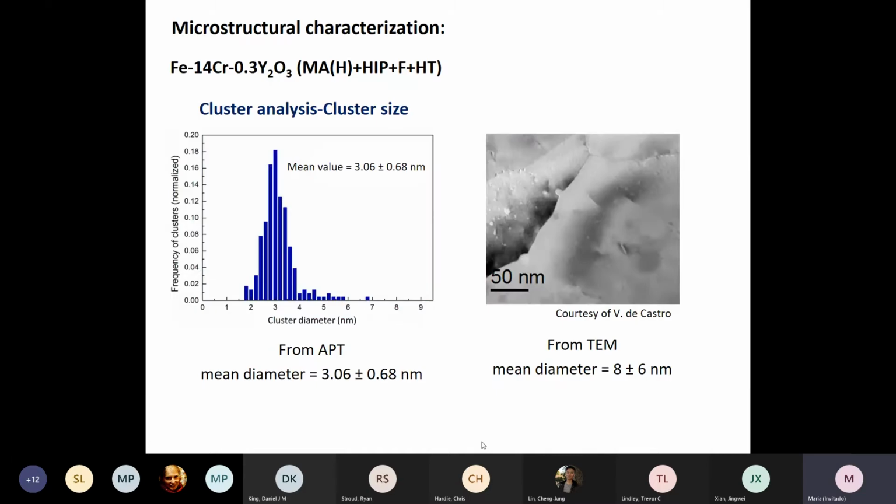If we combine the results of both techniques, transmission electron microscopy and atom probe tomography, from TEM we can get some measurement, for instance, of the size of the nanoparticles, and in atom probe tomography we can have a measurement of the smallest nanoclusters. Okay, so those that we cannot clearly see by TEM. So they're a good complement.